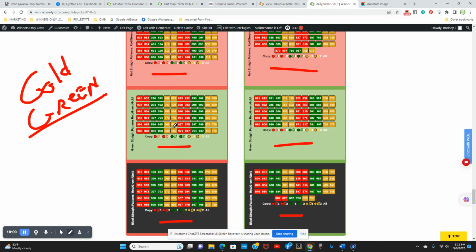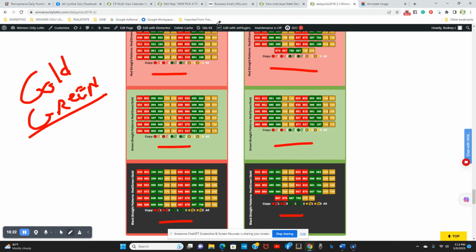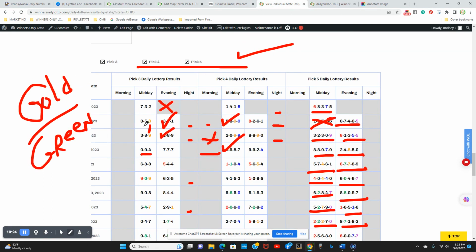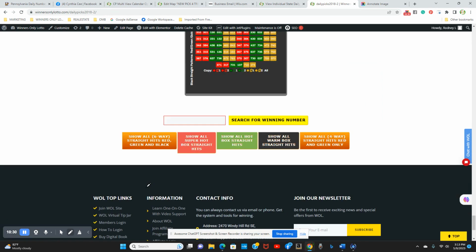Again, my concentrating effort would be gold first. Gold first, because that was the what? Pattern here. Gold. So come back over here. That winning number was what? 058. So let's go search for it really quickly.